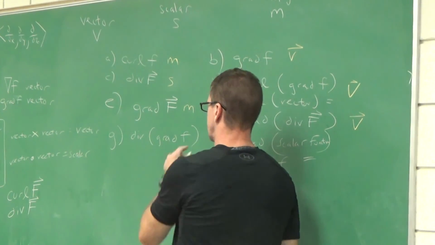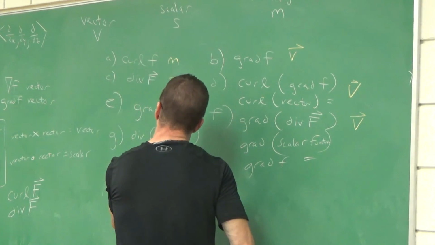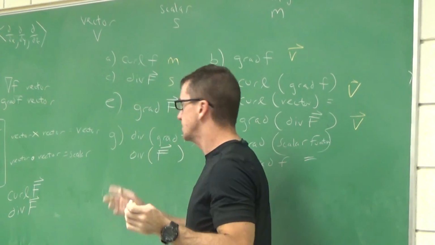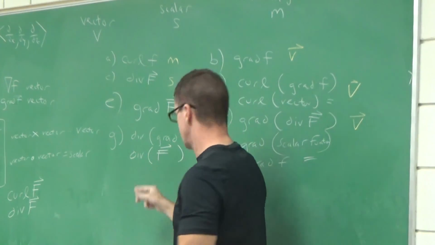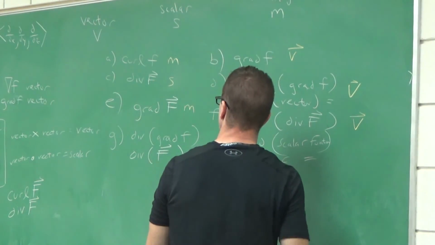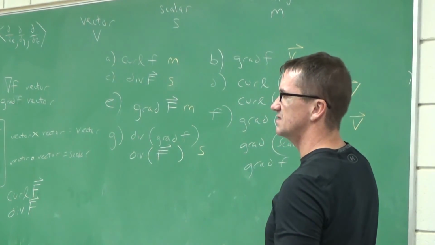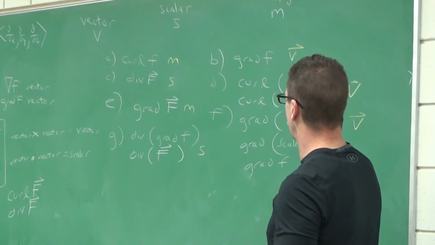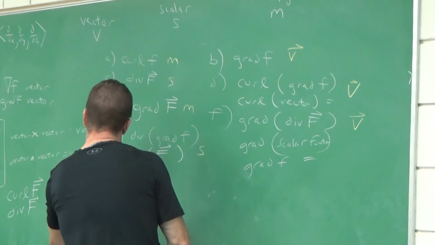This is a vector, a vector field like F, right? Does that agree? Gradient of a function is a vector. What's divergence of a vector field? A scalar. This is a scalar. This has meaning. Does that make sense? Excellent.